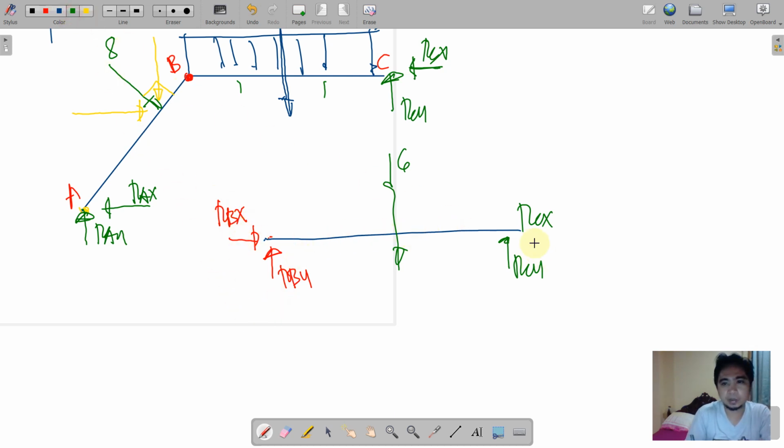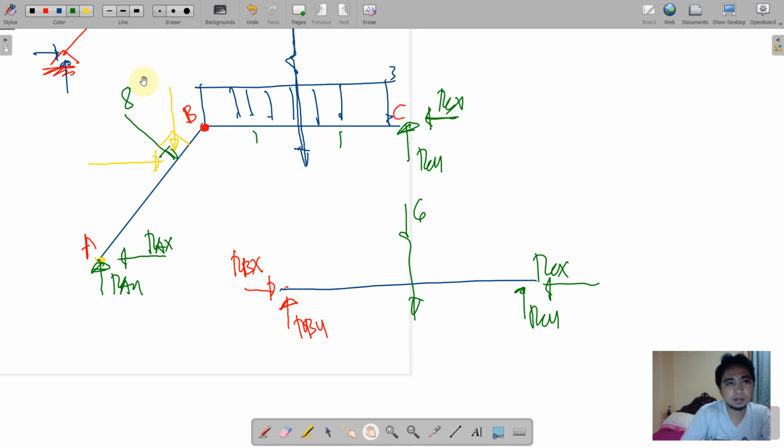I'll just draw an arrowhead here for RCX. Ito going to the left. Okay. So, kitang-kita naman na yung 6. Ipaghahatian lang ng RBY tsaka RCY because we have here asymmetrical loading, right? So, by that, pwede na nating sabihin ng RBY, hating kapatid lang yan, 3. And RCY is also equal to 3.